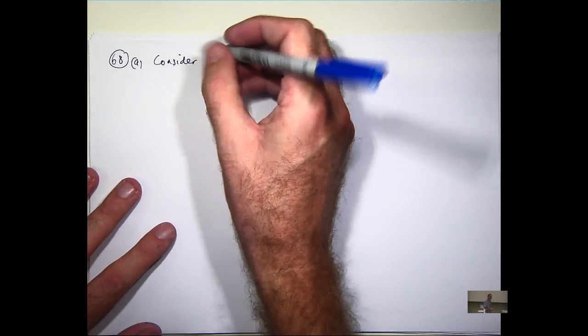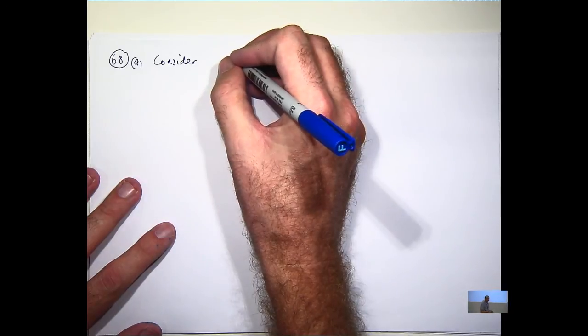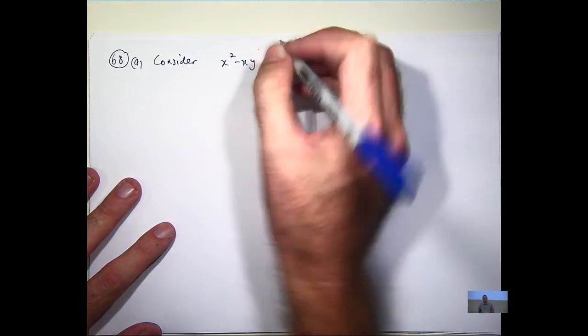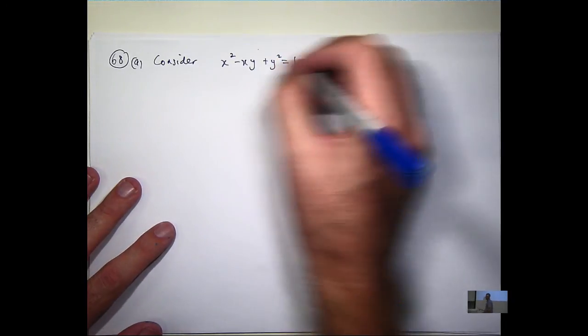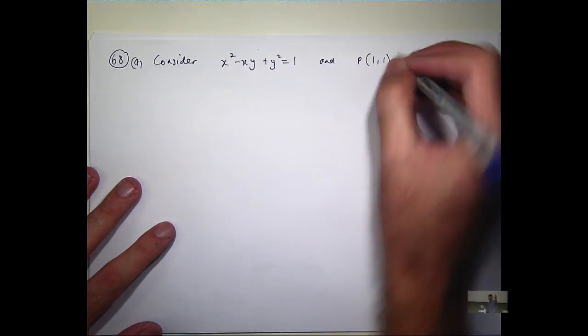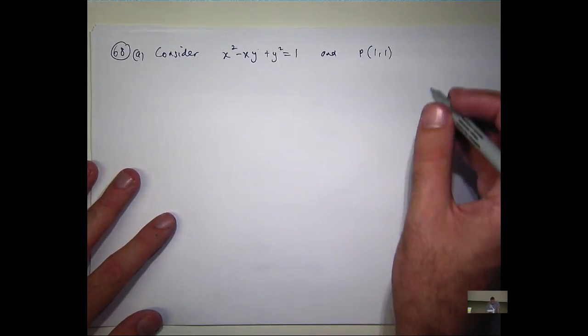Consider the curve given by this, and say the point P, which is just (1, 1).